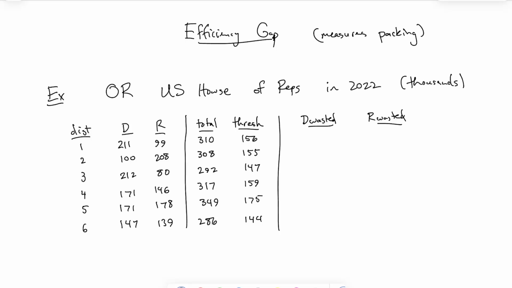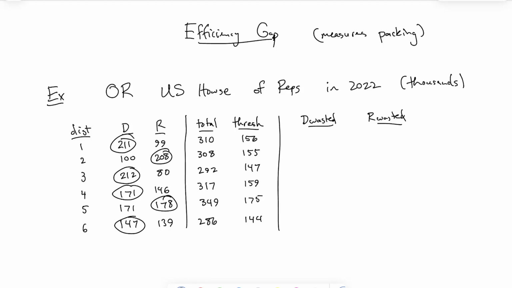And I hope everybody remembers how the wasted votes works. Every vote for the loser counts as wasted automatically, and every vote for the winner beyond the threshold counts as wasted. So I like to, first of all, I'm just going to circle in each district the winners. Each one I'm circling the bigger number. All right, those are the winners. It looks like the D's won 4, the R's won 2.